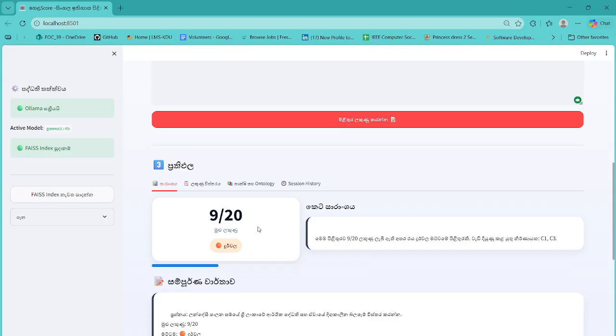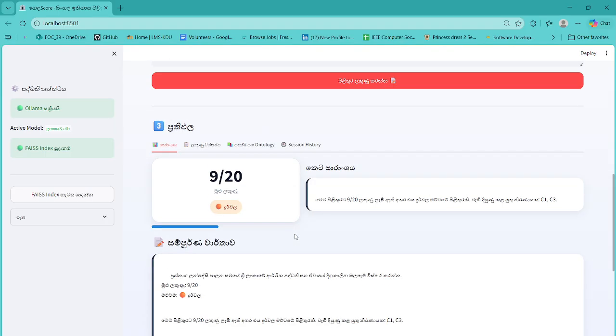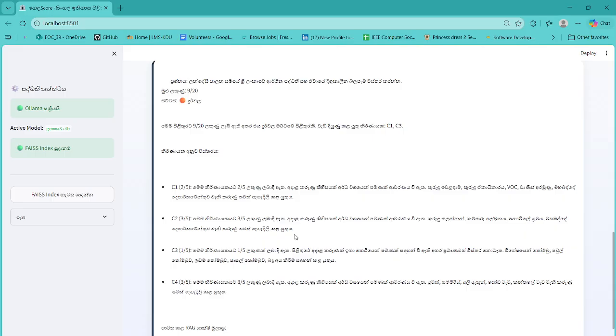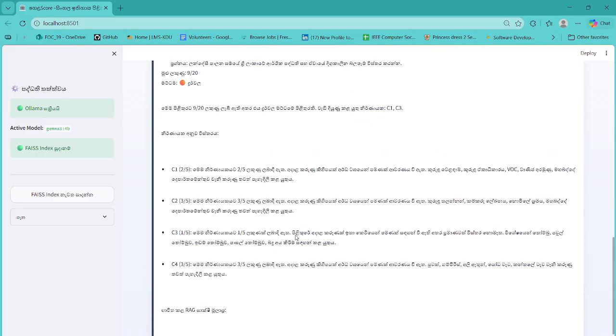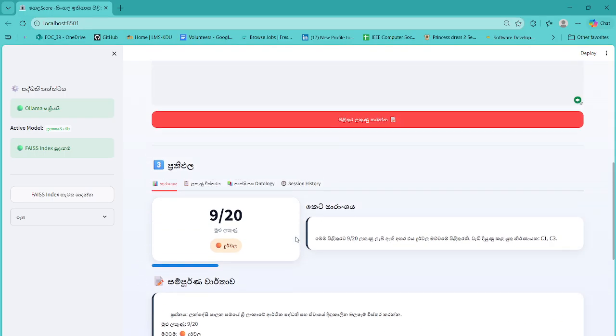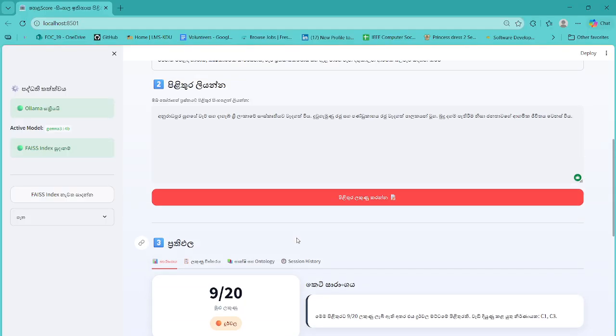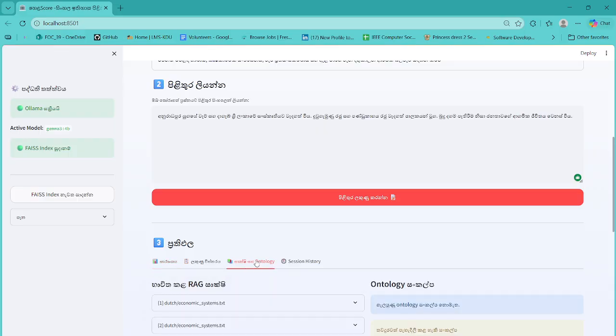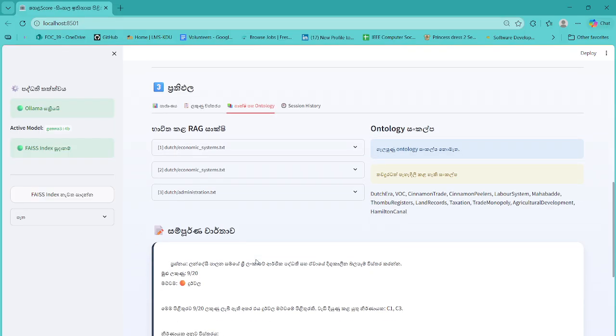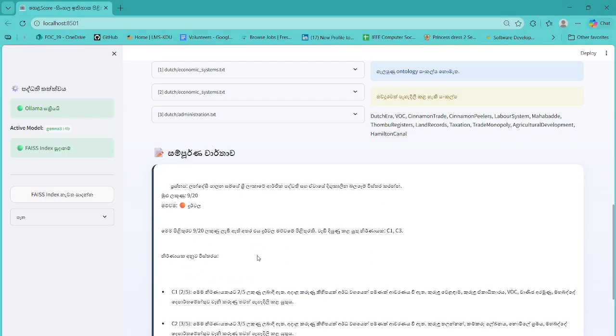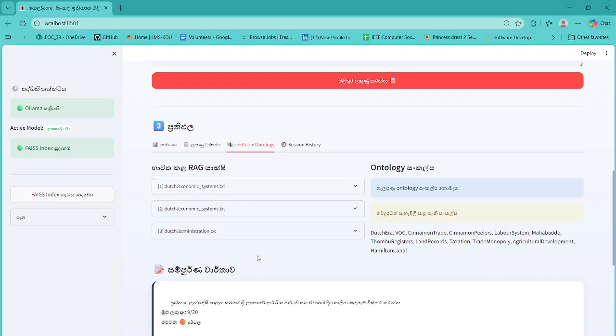So here you can see it is a weak answer. Therefore, it should receive a very low score.